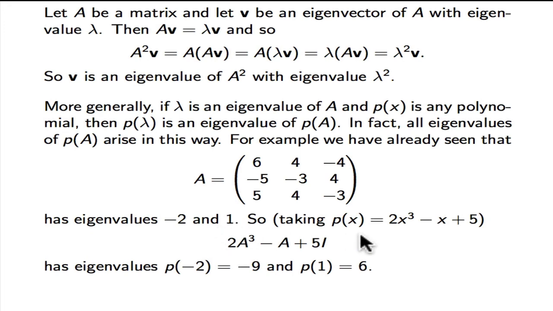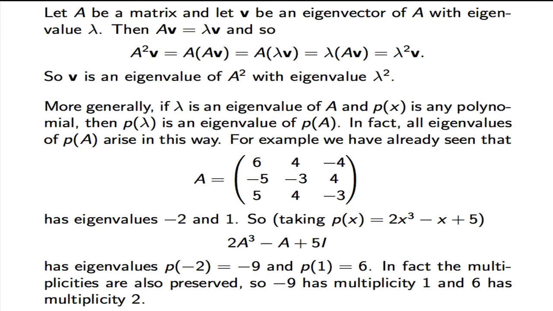So if we take P of x to be 2x cubed minus x plus 5, then P of A is 2A cubed minus A plus 5 times the identity. And this is going to have eigenvalues P of -2, which we can calculate to be equal to -9, and P of 1, which is equal to 6. And in fact, it's also the case that multiplicities are preserved. So -9 is going to have multiplicity 1, and 6 is going to have multiplicity 2.